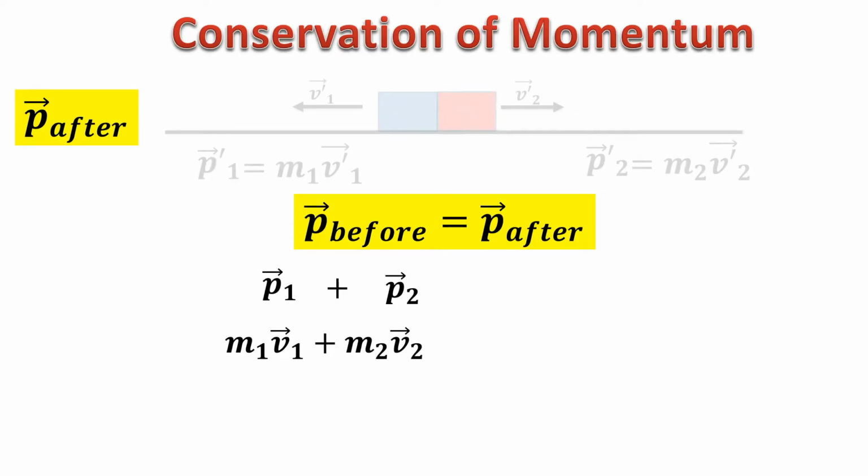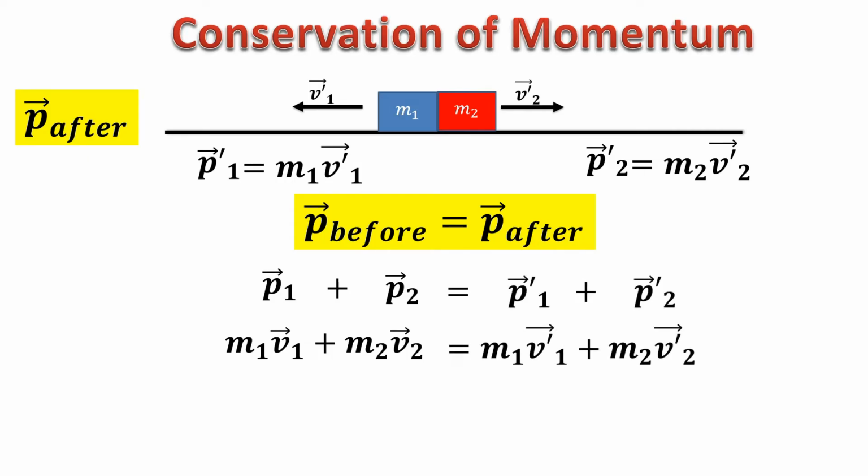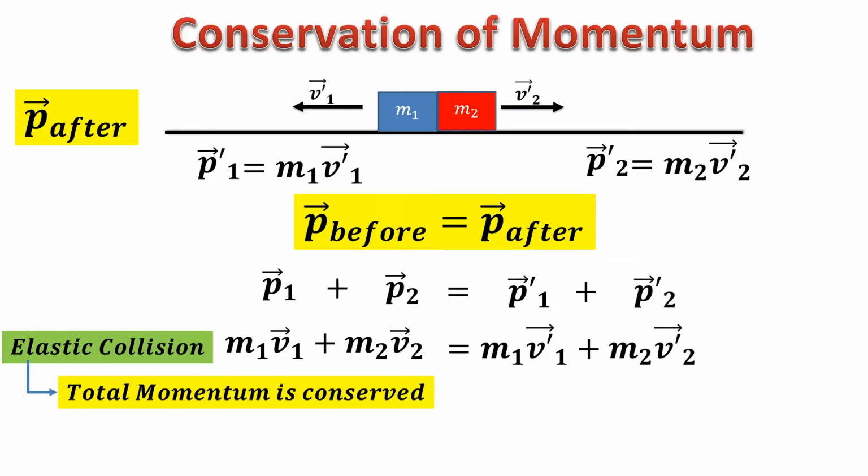Then after collision, they separate in opposite directions. So after collision, we have P1 prime plus P2 prime equal to m1 v1 prime plus m2 v2 prime. This type of collision is what we call an elastic collision, in which the total momentum is conserved.